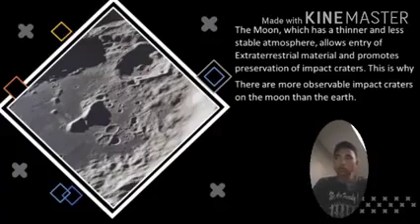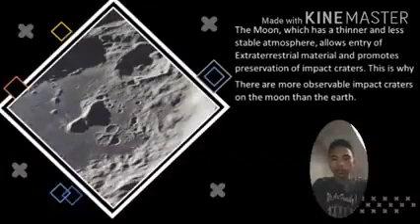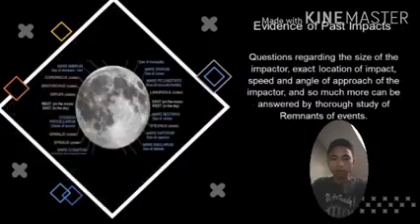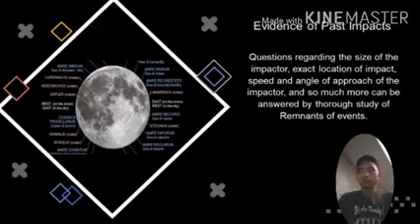This is why there are more observable impact craters on the moon than on the Earth. So we are lucky enough to have a thicker and stable atmosphere, and it doesn't allow extraterrestrial material to go inside the Earth.